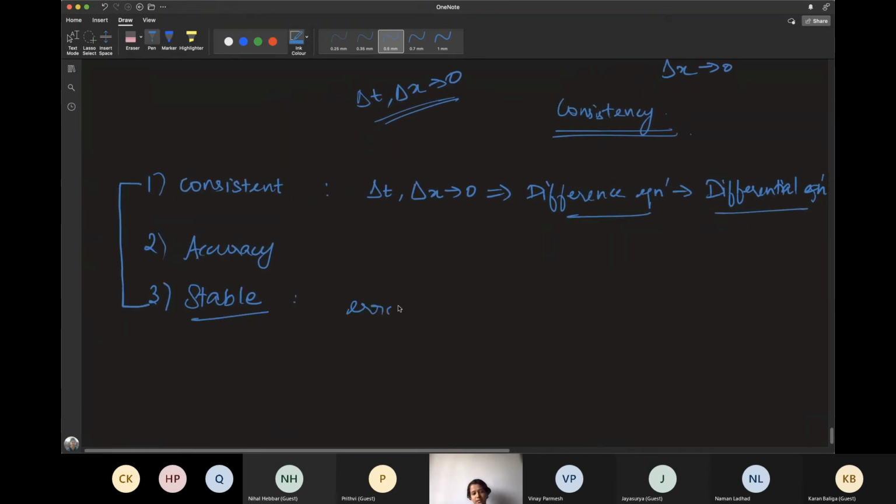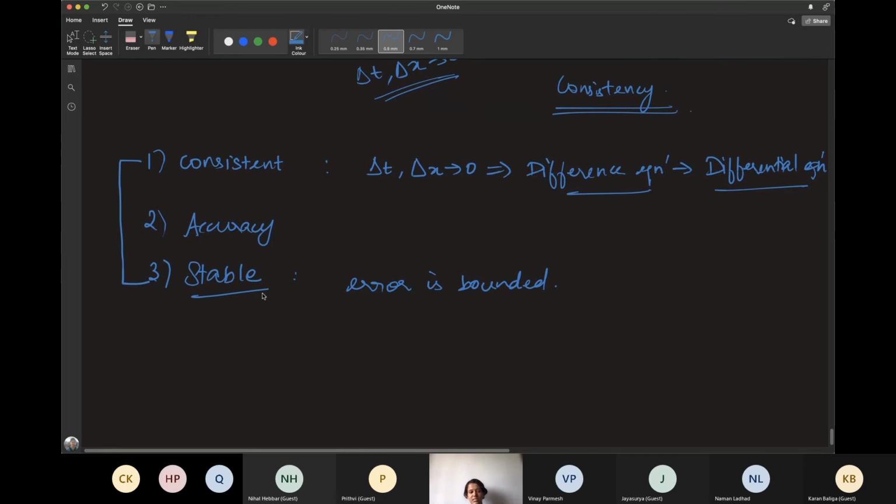Stability is that the error is bounded. Anyway there will be error, but it should not grow over time. When you increase the number of iterations, the error that you started with from the initial step should not grow very high. That growth rate should be bounded. That is what stability is.